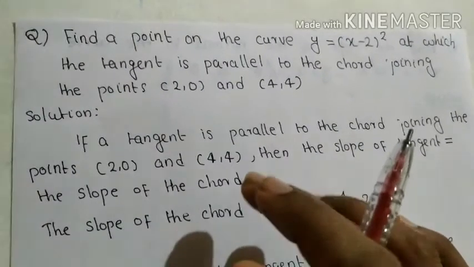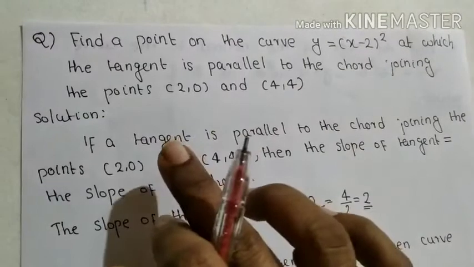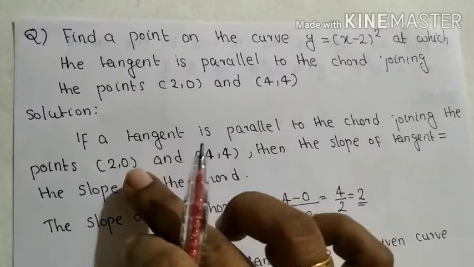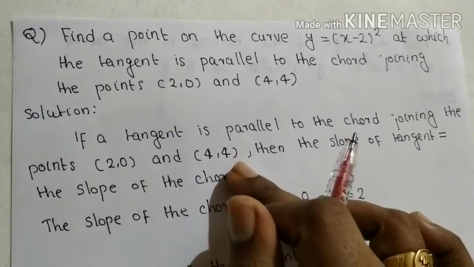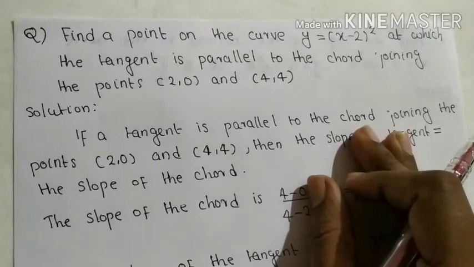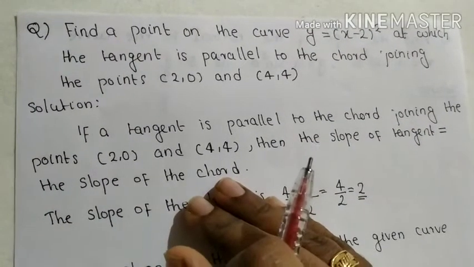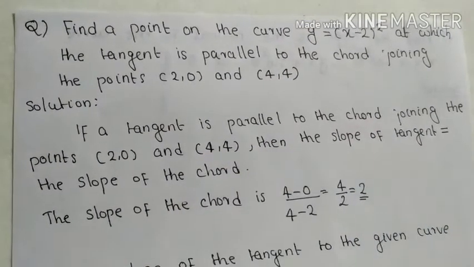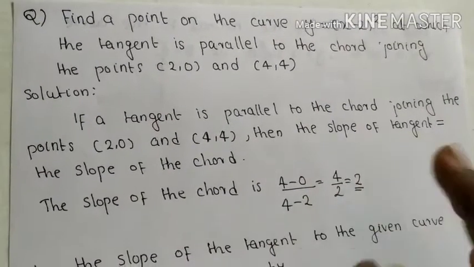So we can write it as slope of tangent is equal to slope of the chord. First I am going to find out the slope of the chord.